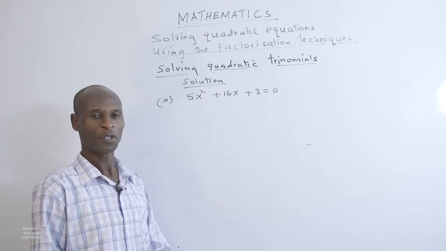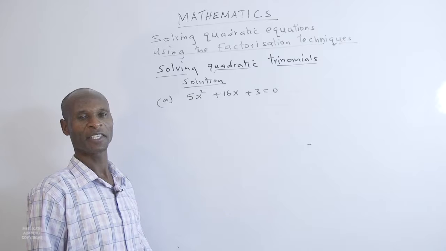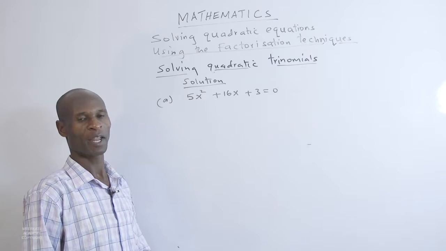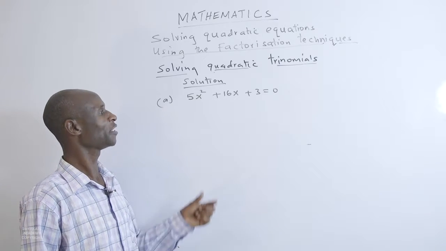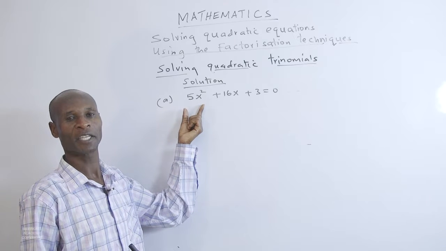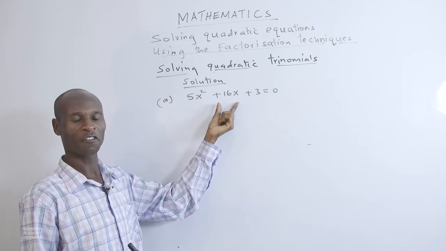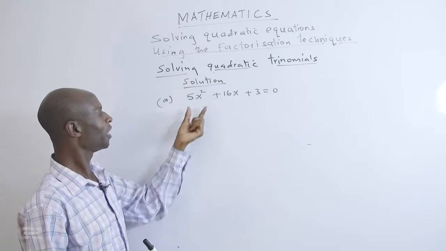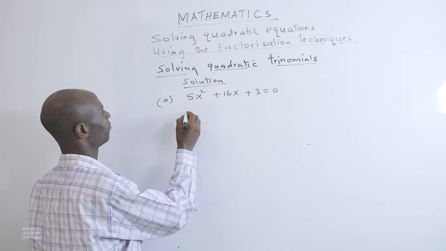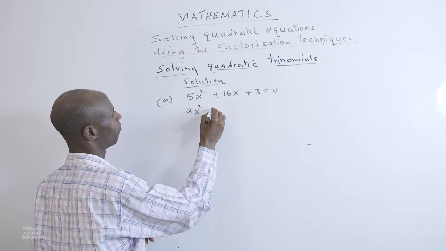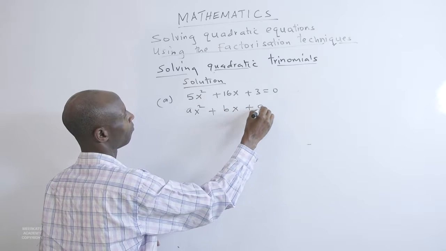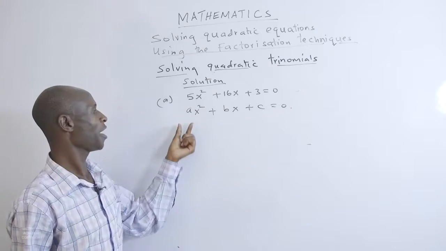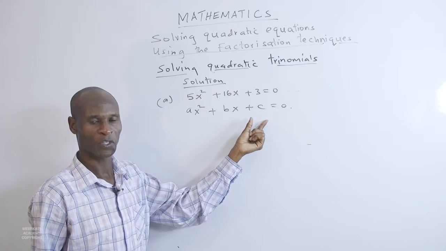So the first thing you do is to confirm whether it's in the form ax squared plus bx plus c is equal to 0. That is the standard form of a quadratic equation. If it's not in that form, then you rearrange so that it is in the form. In our case, it's in the form ax squared plus bx plus c is equal to 0.